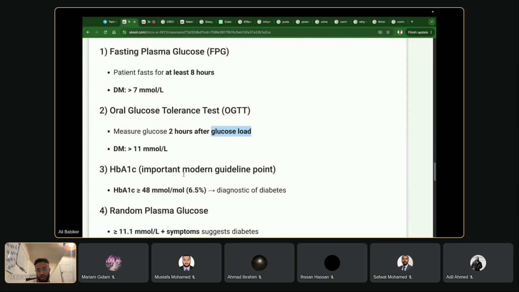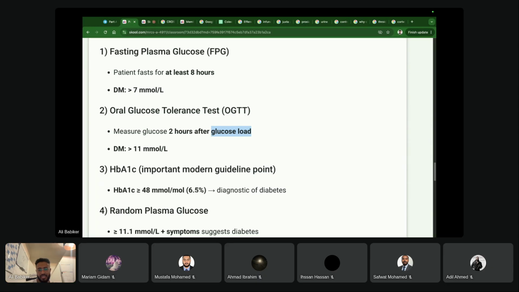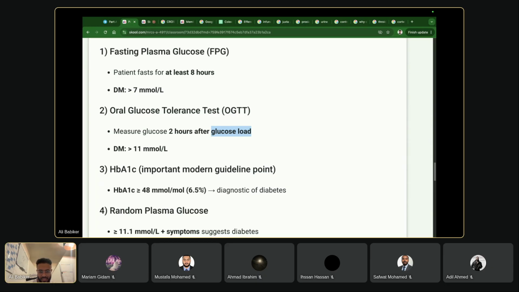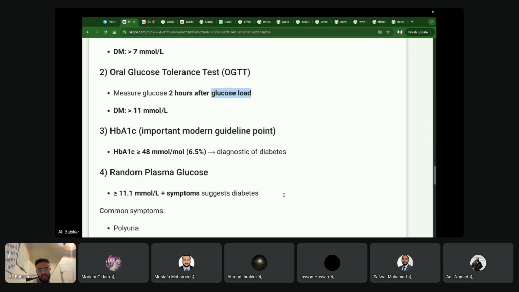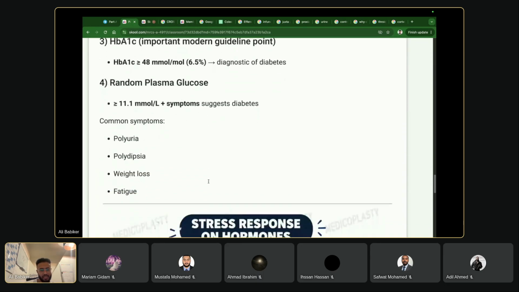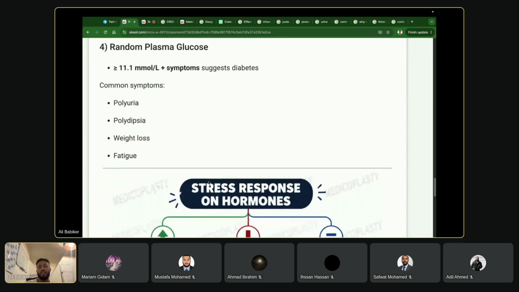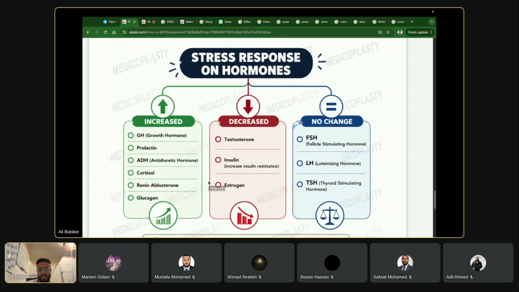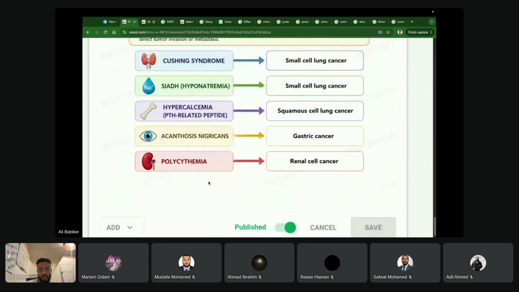Hemoglobin A1C, an important modern guideline point: if it's more than or equal to 48 millimole, meaning 6.5%, that's diagnostic for diabetes. Random blood glucose needs to be more than 11.1 millimole plus some symptoms to suggest diabetes. Because if you ate a lot of cake and I just measured it, and it's not that high, that means there is no issue.